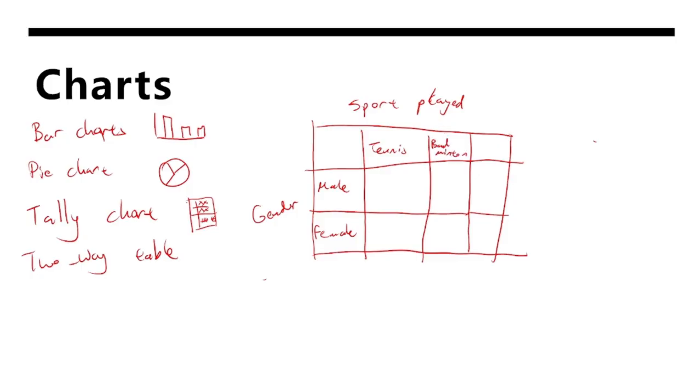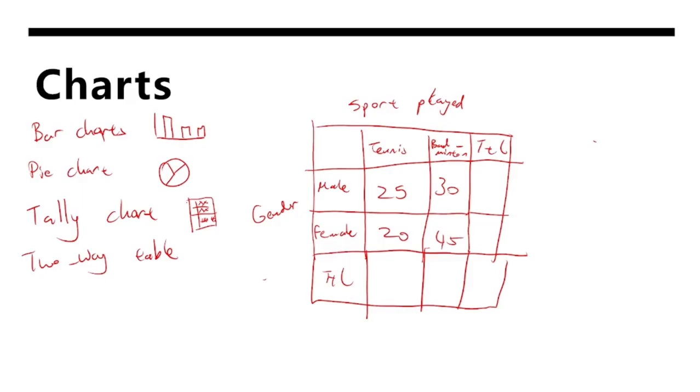Badminton, sorry. And let's say 25 male, or we need a total here. Total. And 20 of them play tennis, 30 of them play badminton, and 45 female play badminton.